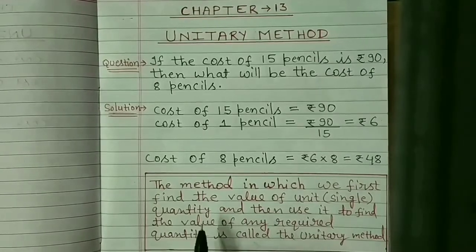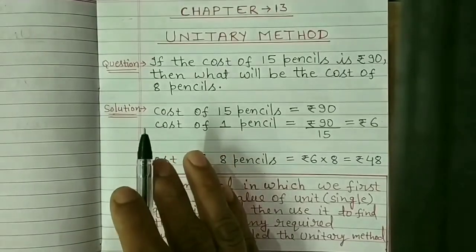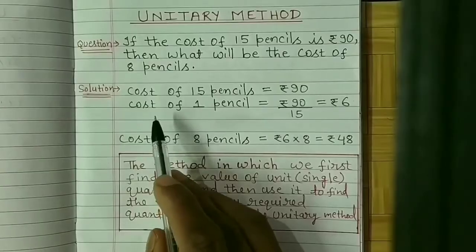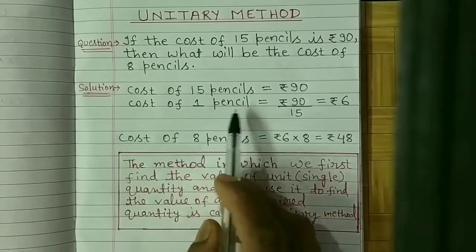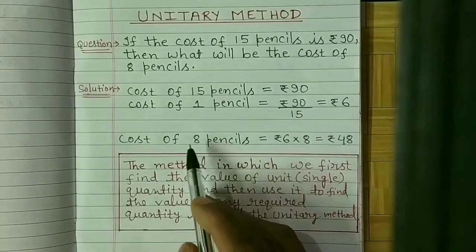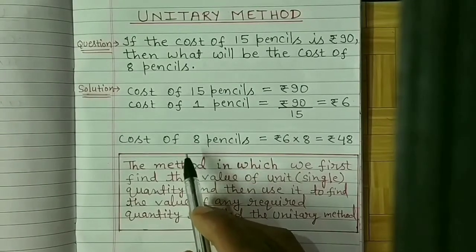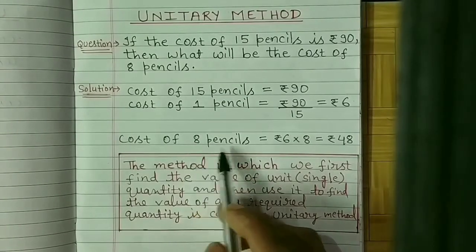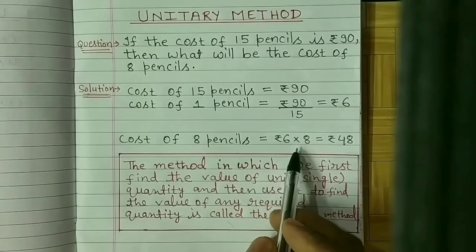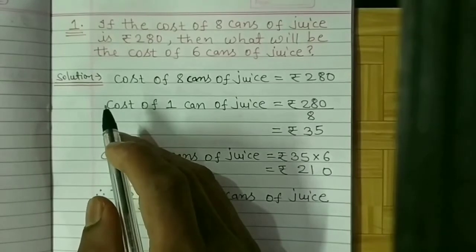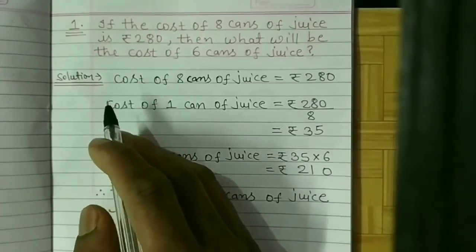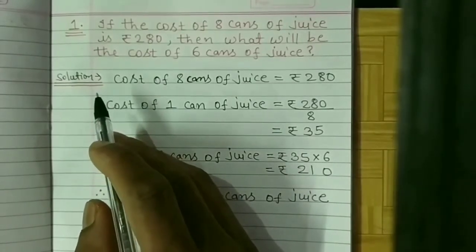So this is the concept of the unitary method. That is, first we find the value of one quantity by division, then we find the value of any required number of quantities by multiplication. Clear?